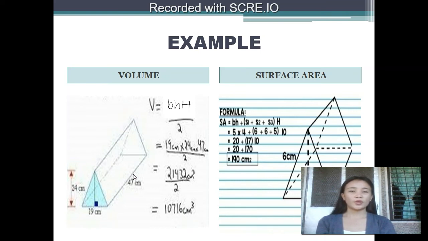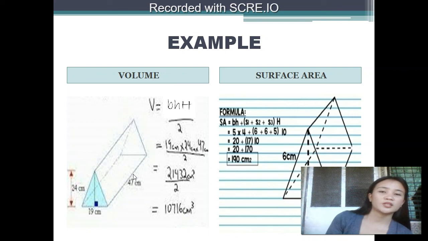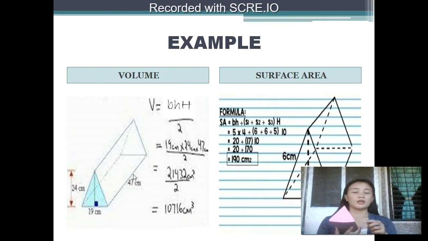So we have, for example, so that you can understand, this is side 1, side 2, and side 3. Okay? This is the base. This is the height of the triangle. And this is the overall height of the prism or its width.